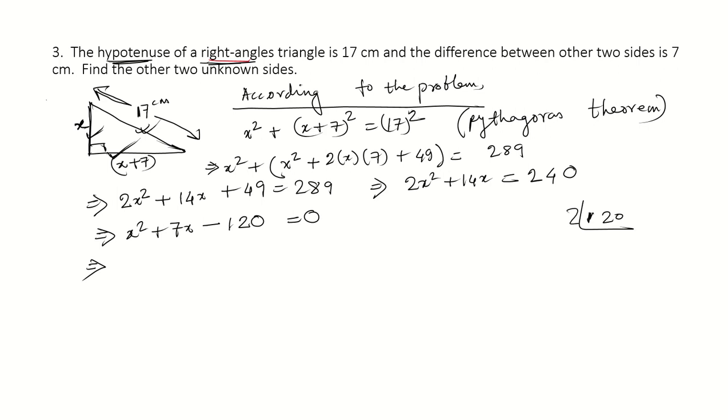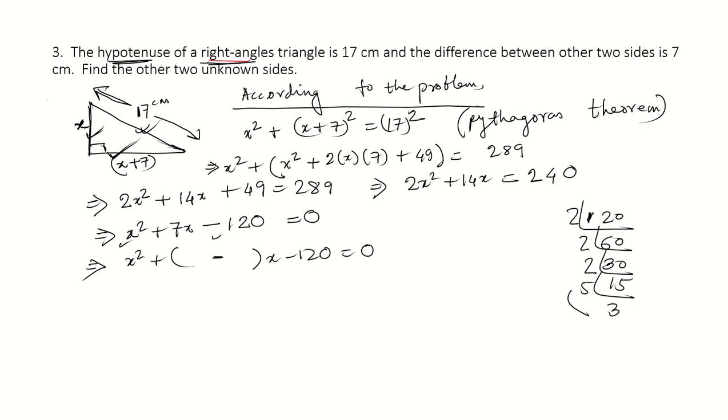So 120 to 60 to 30 to 15 5 3. Okay, so here we write x squared plus 7x minus 120 equals 0. This is a minus, this is plus, plus cross minus is minus, so we need to express 7 as a difference.